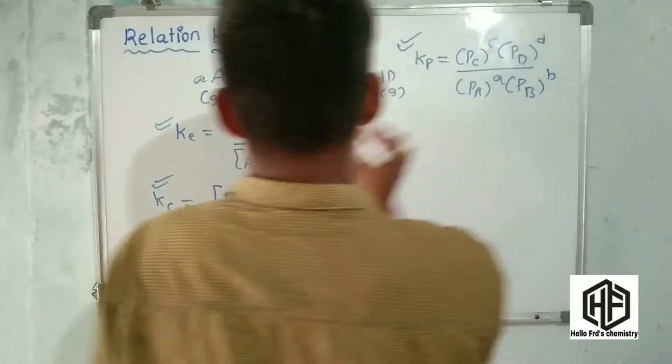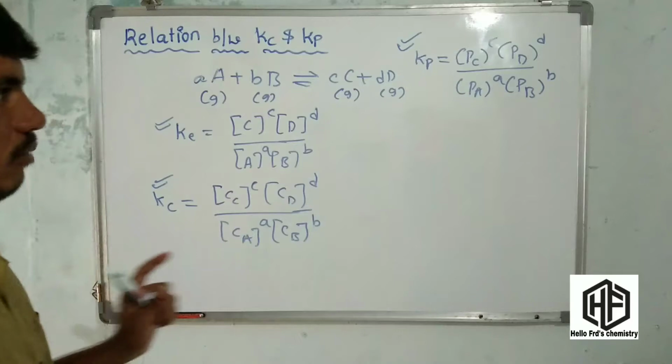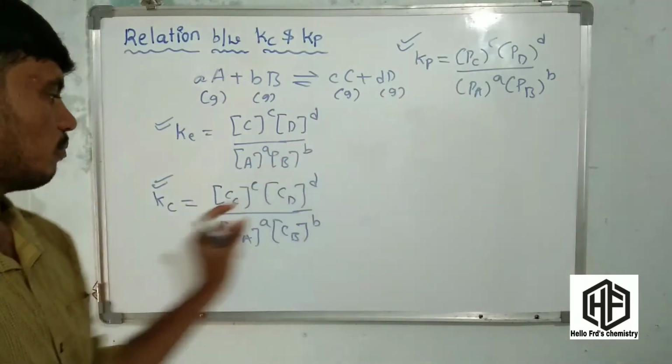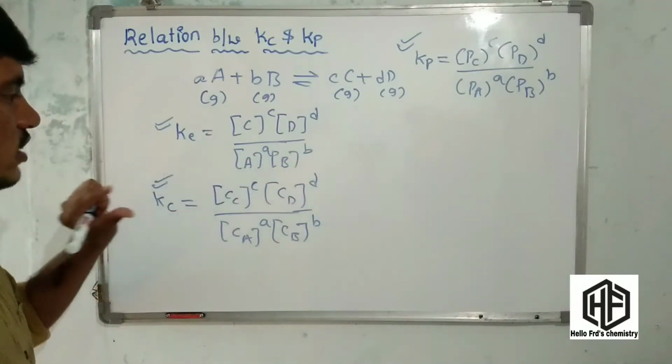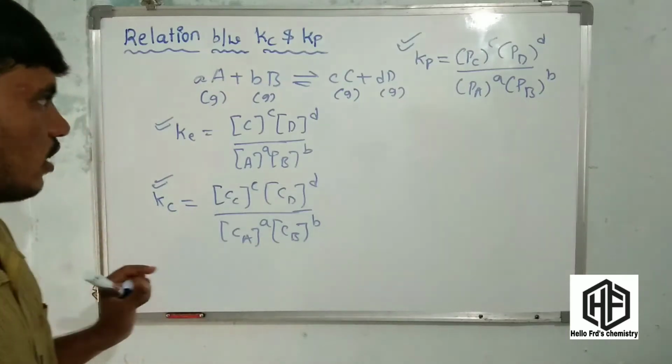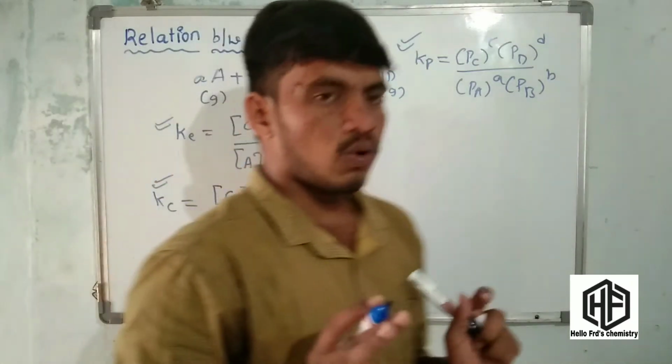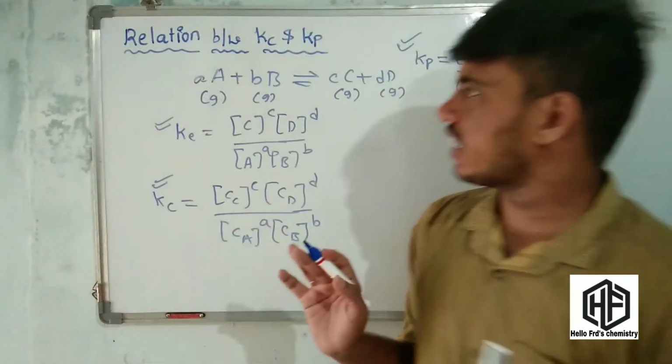This is Kp. This is Kc, the concentration term. This is clear, friends. Now what is the relation between Kp and Kc?